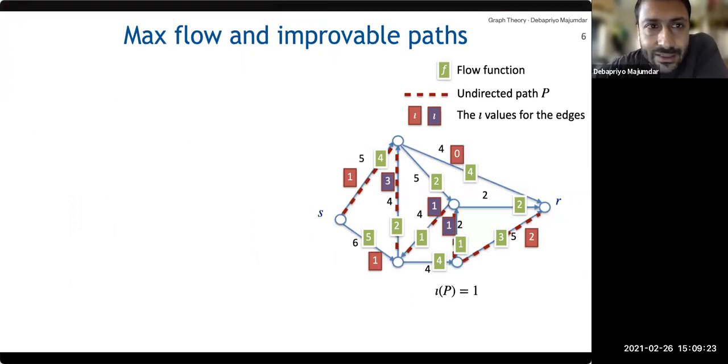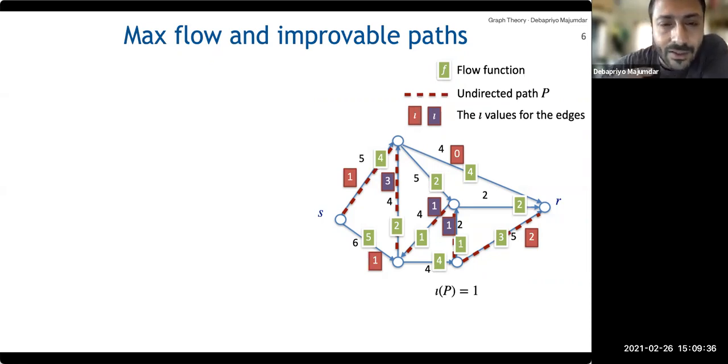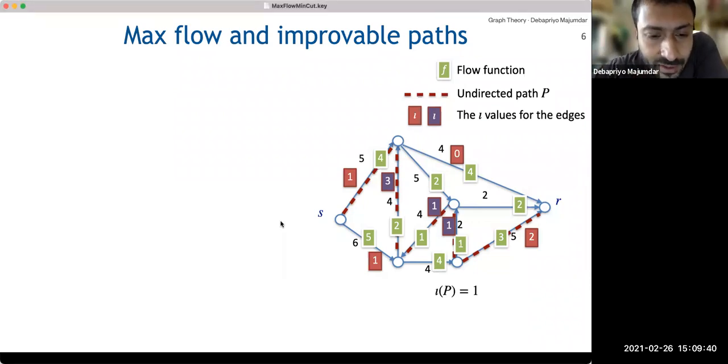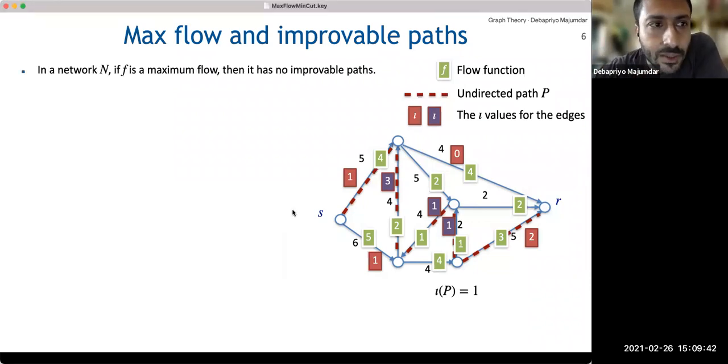Now let's see what is the relationship between max flow and improvable paths. Now from here on, things might get slightly abstract. It may not be very clear for you to see exactly what's happening. So sometimes you may have to just depend on the mathematical derivation, but let's see how it goes. So in a network, if F is a maximum flow, it's actually a theorem, then it has no improvable paths.